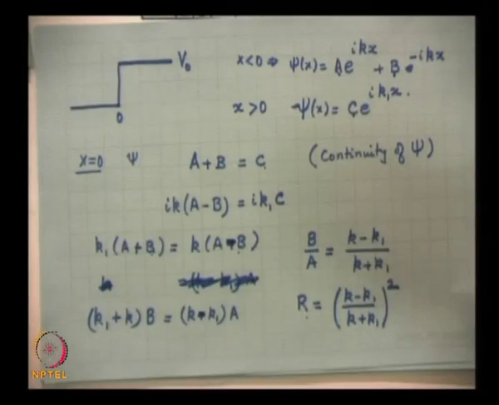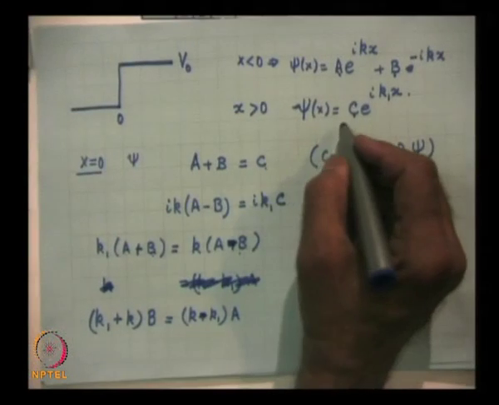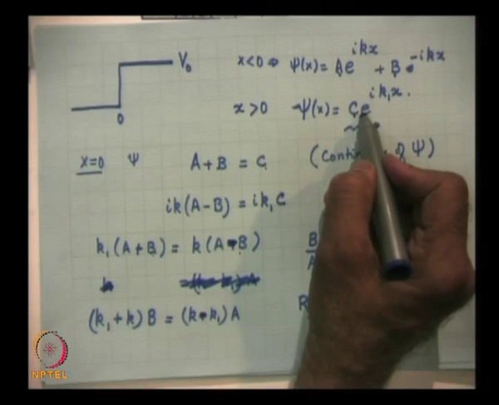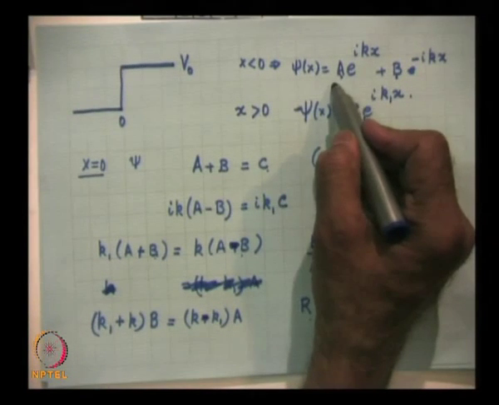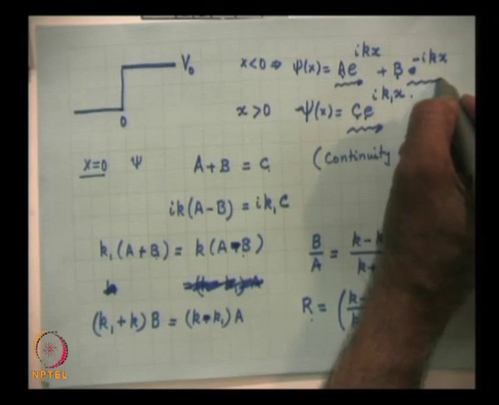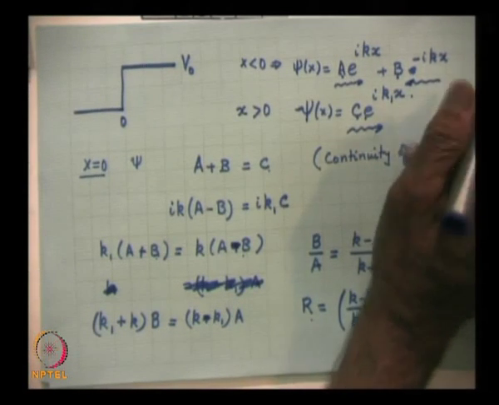What I now have to do, which I would like to leave as an exercise for all of you and which we will do in the next lecture, is calculate the current density associated with the solution in the second region, the current density associated with the incident wave, and the current density associated with the reflected wave. And from there we will consider the reflection and transmission coefficients.